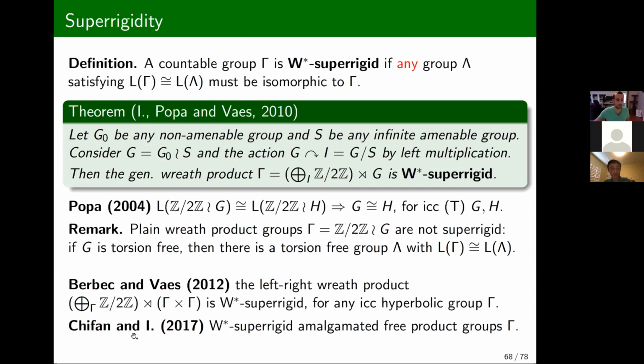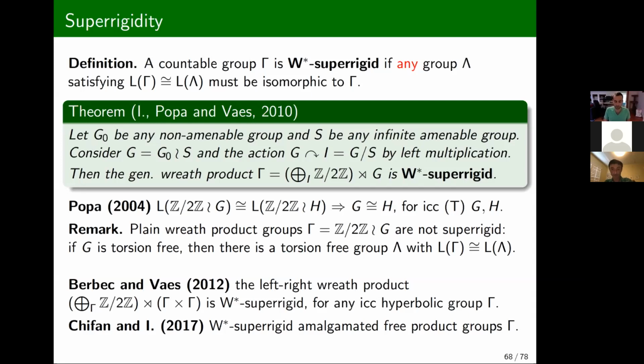And also with Ioana and Vaes, we gave examples of W-star superrigid groups that are amalgamated free product groups. So this really summarizes the known examples of superrigid groups.